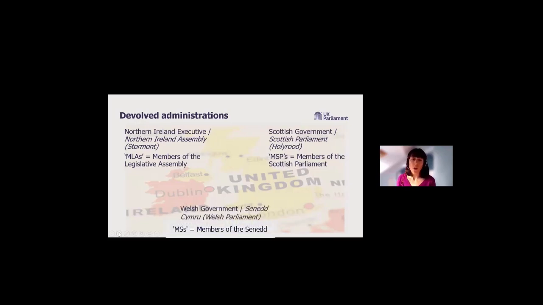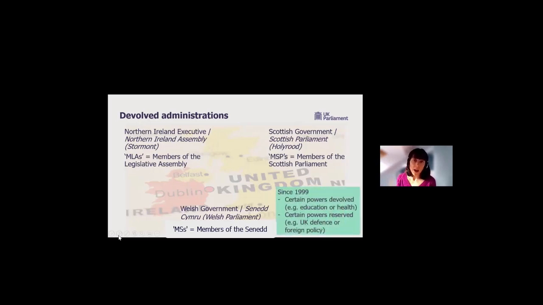And in Wales, we have the Welsh Government and Senedd Cymru, or the Welsh Parliament, with Assembly members there. So if you live or work in one of those devolved areas, you have an extra layer of representation and decision making in that area between the UK Parliament and any more local government.